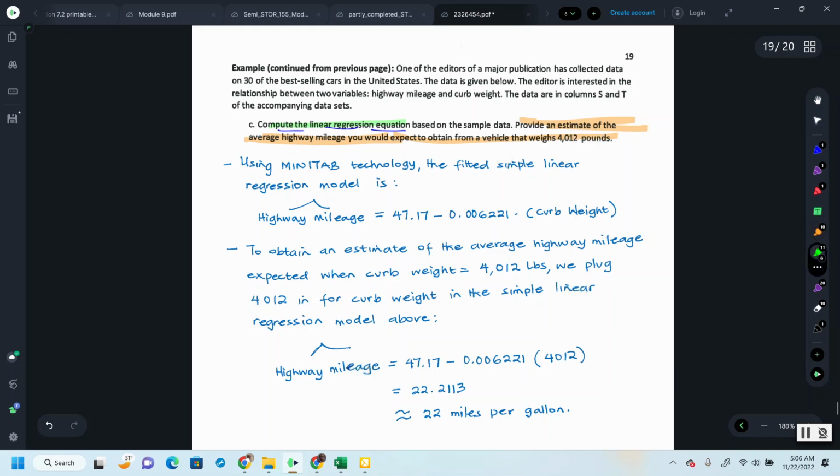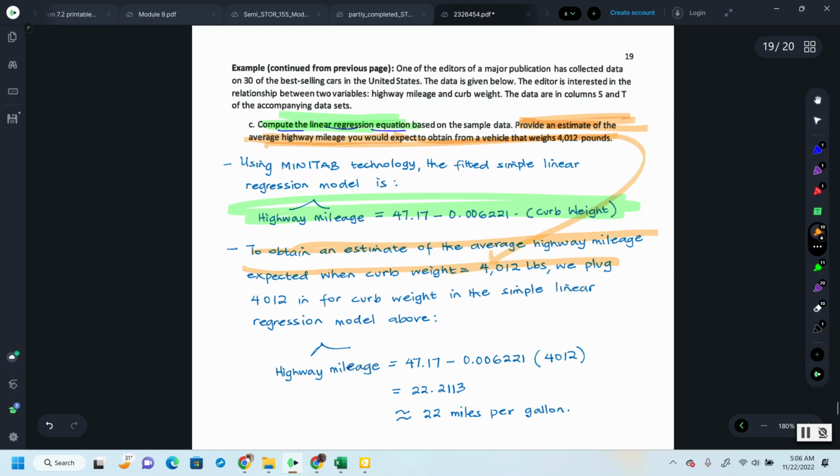As far as the first part of the question, the green part, here is the correct answer. The next part is the yellow highlighted part of the question, which is to obtain an estimate of the highway mileage expected when the curb weight is 4,012 pounds. We're going to plug 4,012 in for the curb weight in the simple linear regression model.